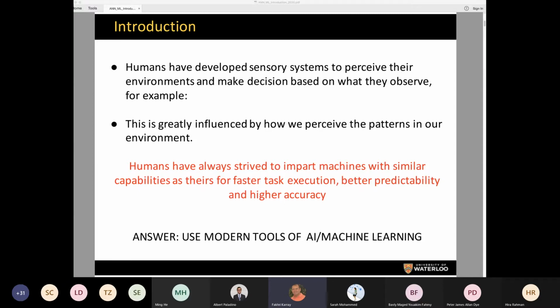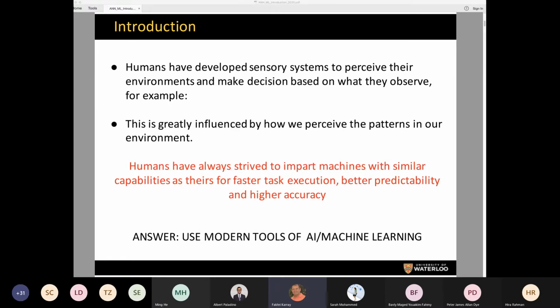And this is a very important component, and this particular task in a human is dictated by how we perceive a particular pattern or object in a particular environment.